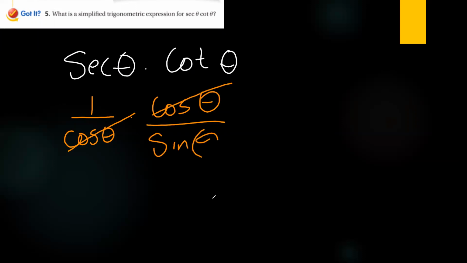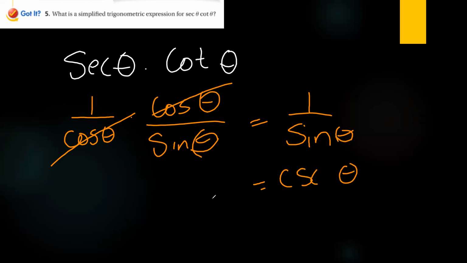Then cosine cancels cosine, so I have 1 over sine, which is cosecant. This is how to simplify it. This is the meaning of simplifying identities.